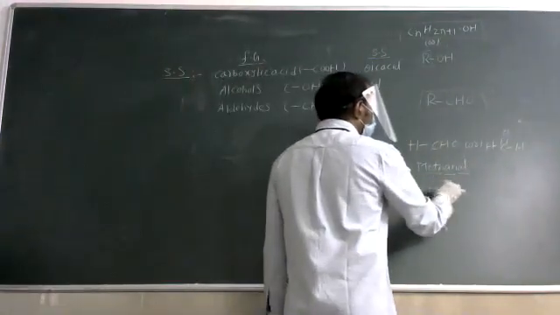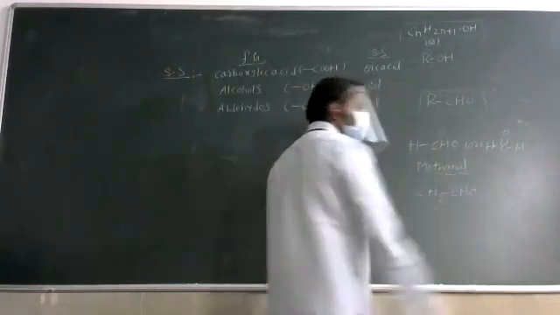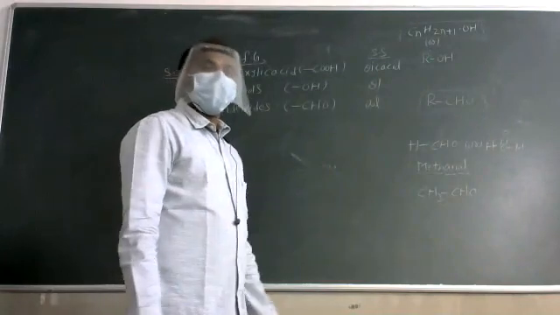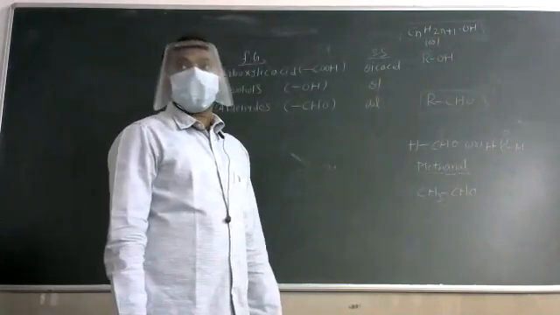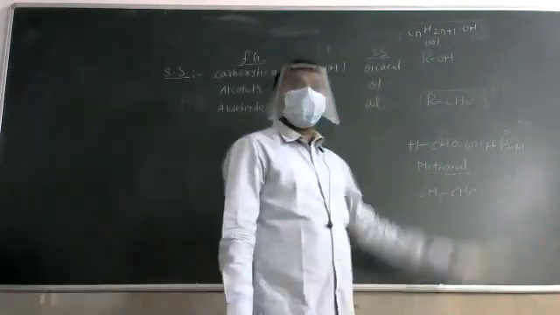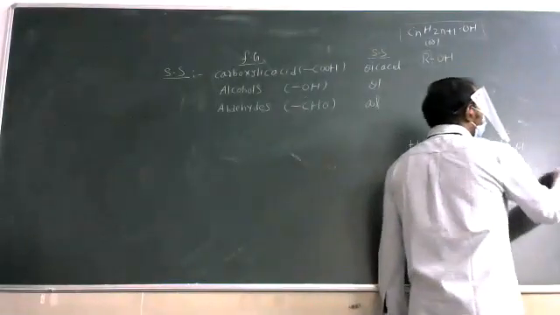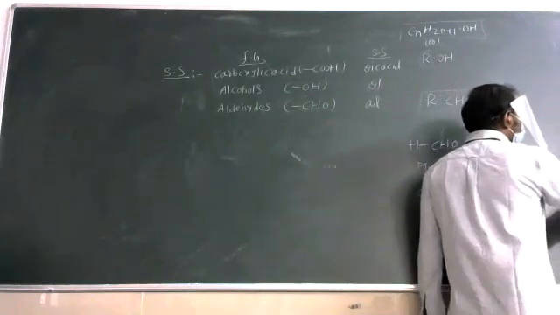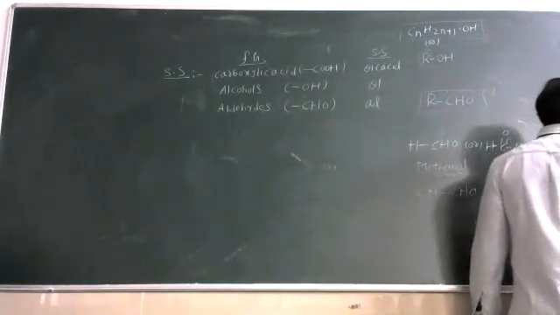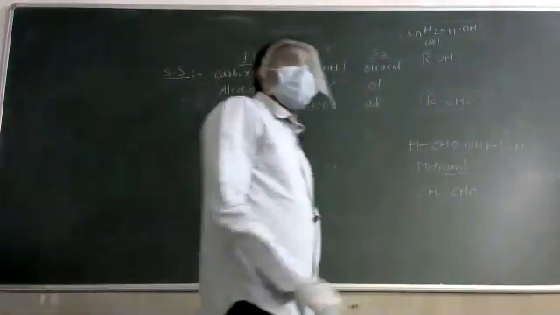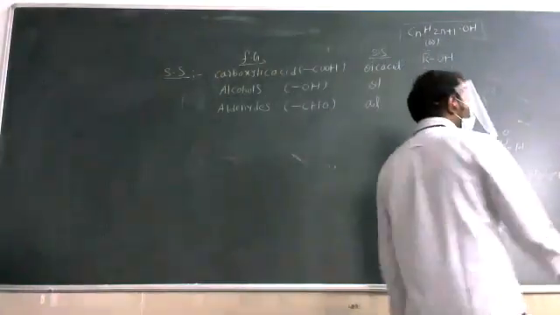If I give the next one in the series, what is the IUPAC name? Ethanal. E plus N, ethane is represented by AL. Like that, if any organic compound is given, you can say the IUPAC name. For this one, what is the IUPAC name? Pentanal.